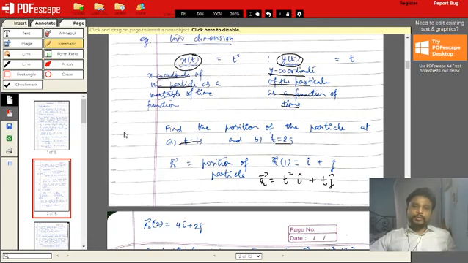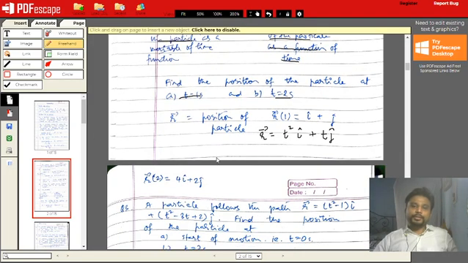So this would come out to be i cap plus j cap, since this is simply 1 and 1. Next, we put value of time t equal to 2 seconds over here. Then when we substitute value of t equal to 2 over here, we get 2 squared, that is 4 i cap plus 2 j cap.